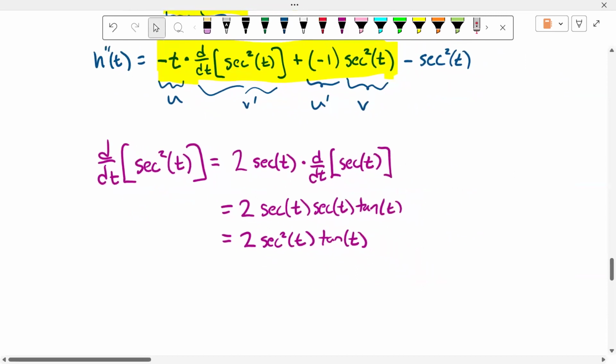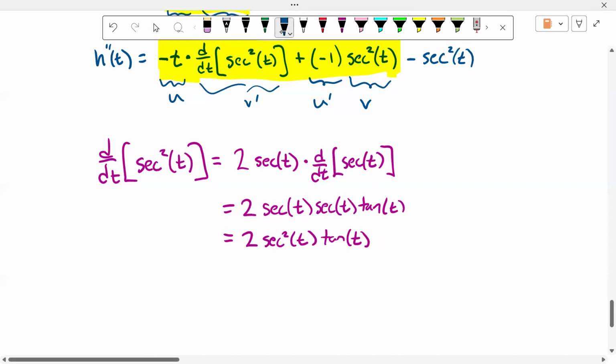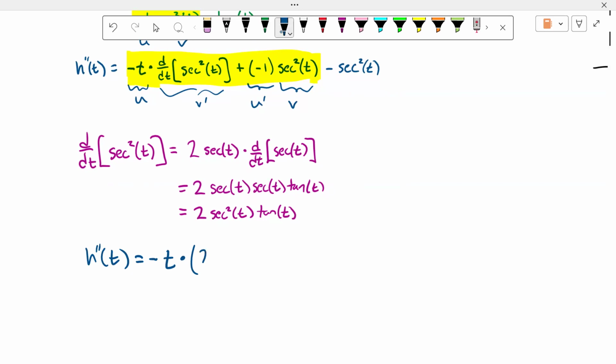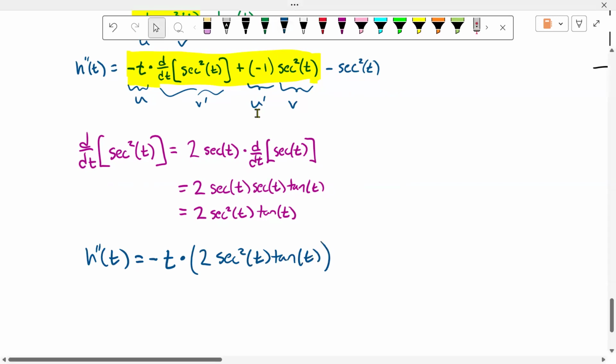And then I'll go back to h double prime now. H double prime of t is now going to be a negative t times this 2 secant squared of t tangent t. And there's that -1. I'm going to just write that. That would just be a minus secant squared, right?